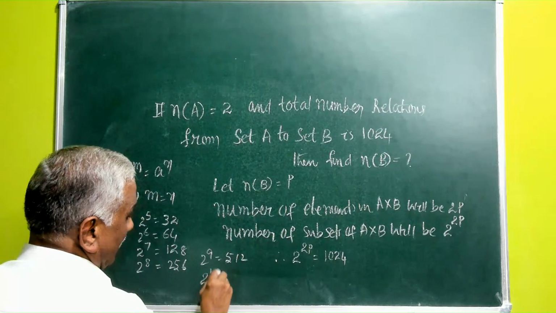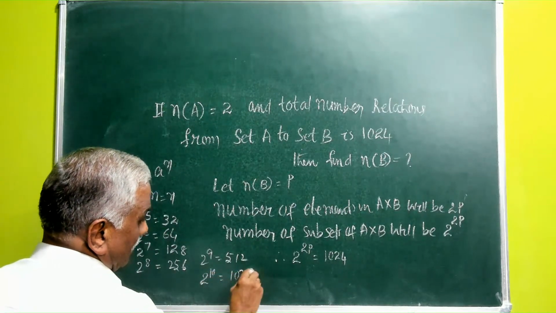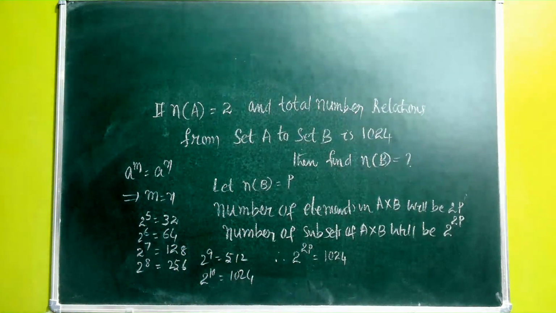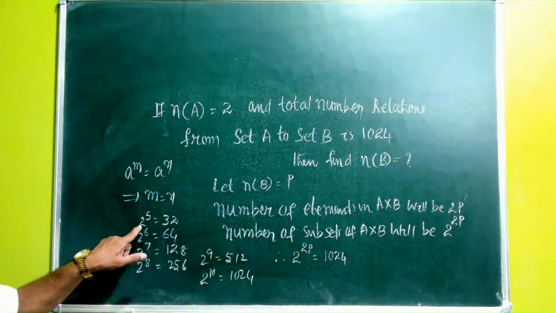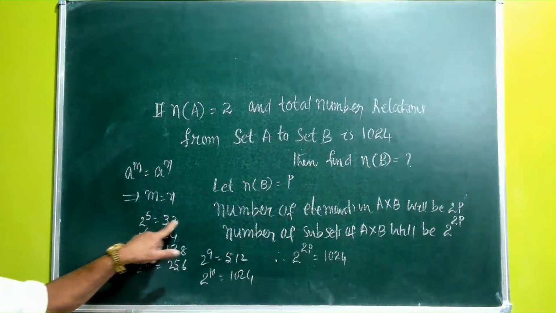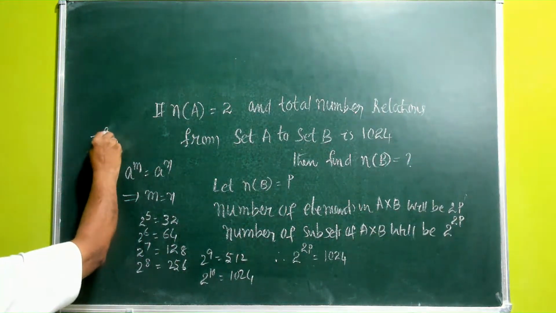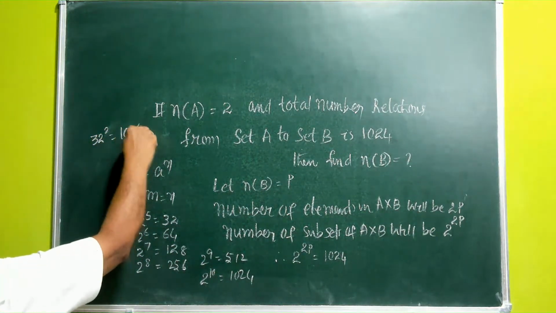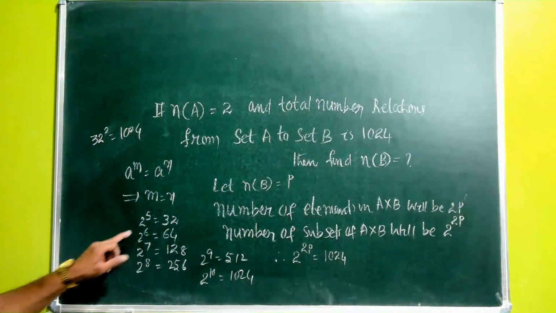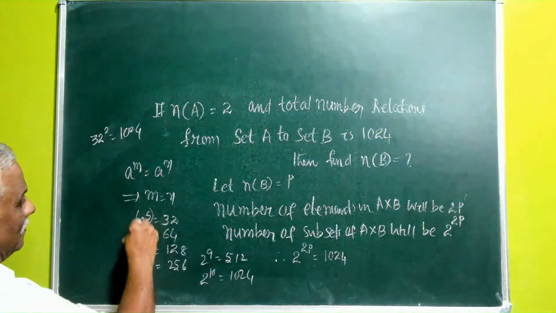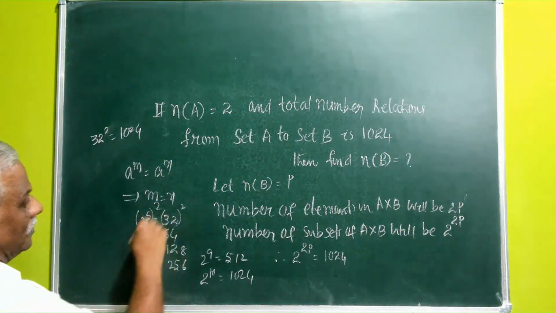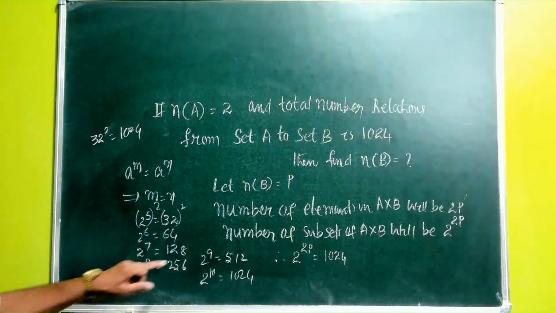So 2 to the power of 10 is 1024. So here, if you can realize, 32 square is 1024. 2 to the power of 5, to the power of 2, is 32 square, which is 1024.